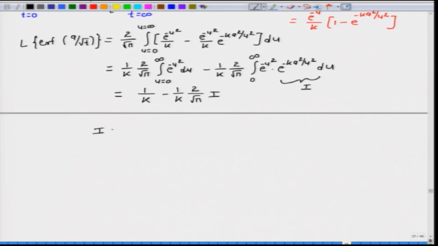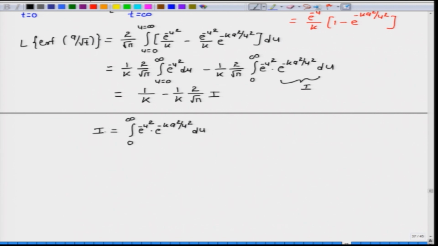I in this case is equal to integral 0 to infinity e to power minus u square e to power minus k a square by u square du. And if we notice, the integration is with respect to u and it is a definite integral.